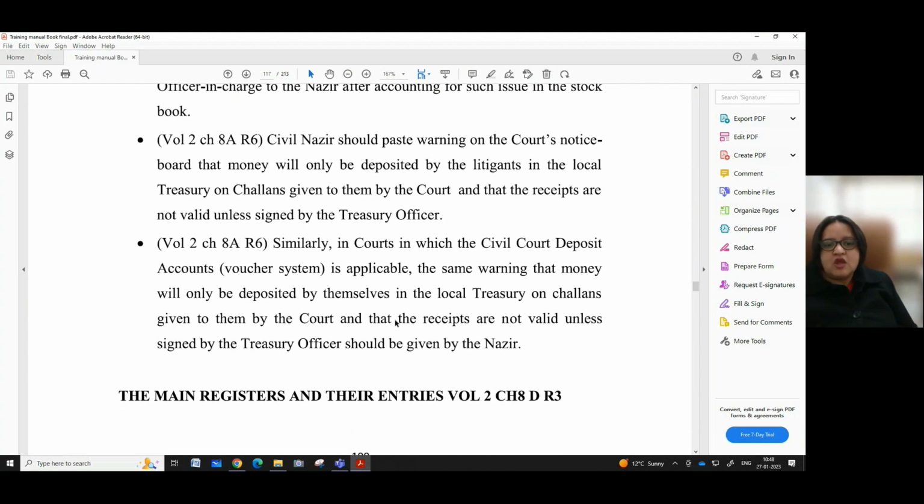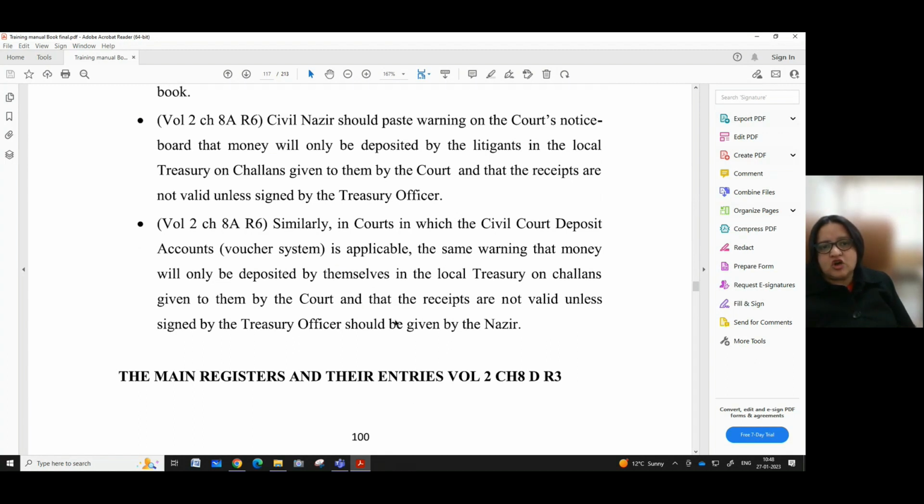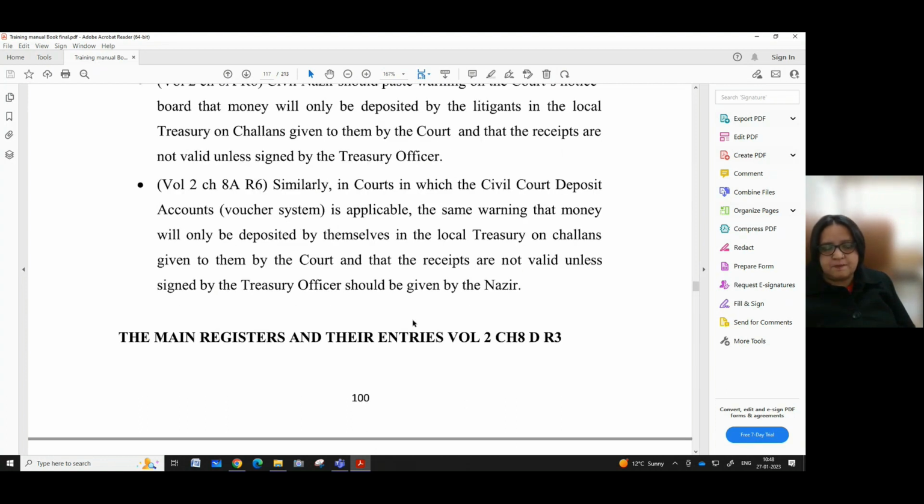Volume 2, Chapter 8A, Rule 6 says that civil Nazir should paste a warning on the court's notice board that money will only be deposited by the litigants in the local treasury on challans given to them by the court, and the receipts are not valid unless signed by the Treasury Officer.